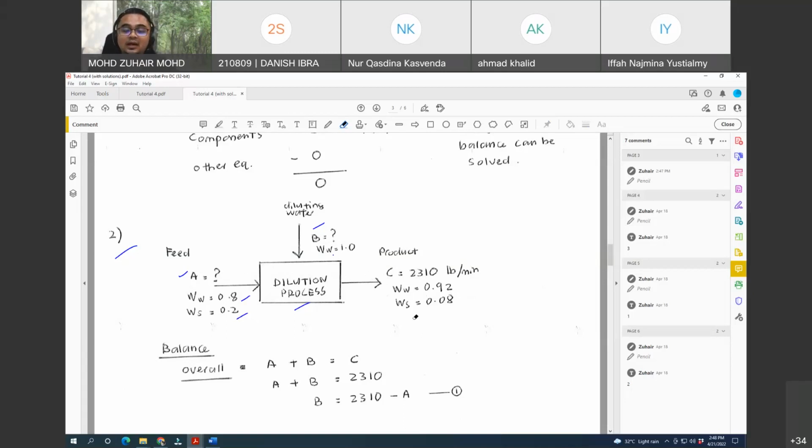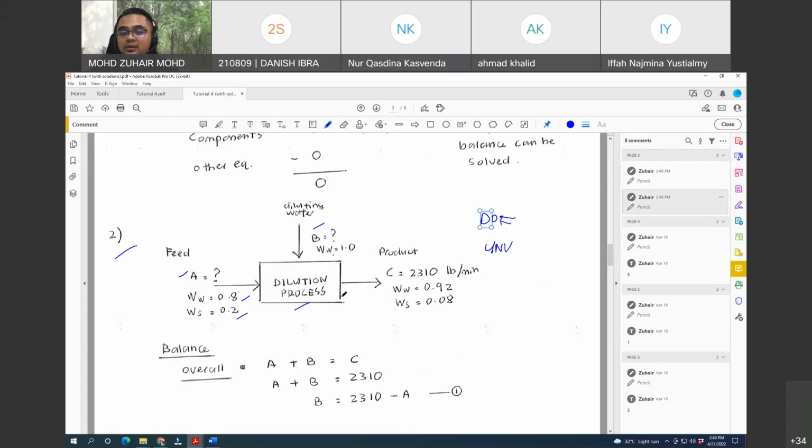Do we need to do the degree of freedom analysis? Just a simple one, so that we know whether this is a process that we can solve or not. Based on this, how many unknown variables do we have?